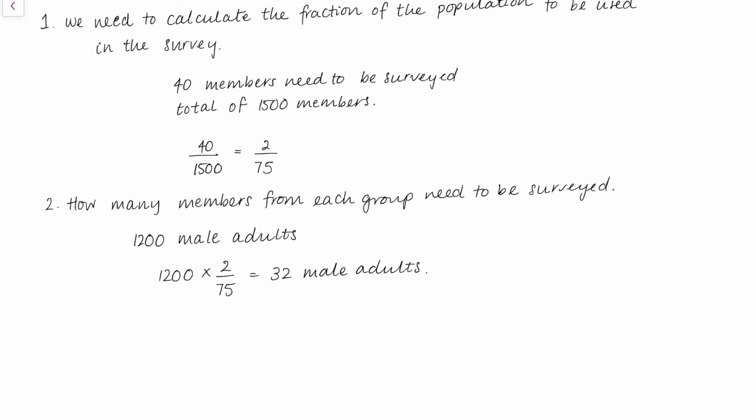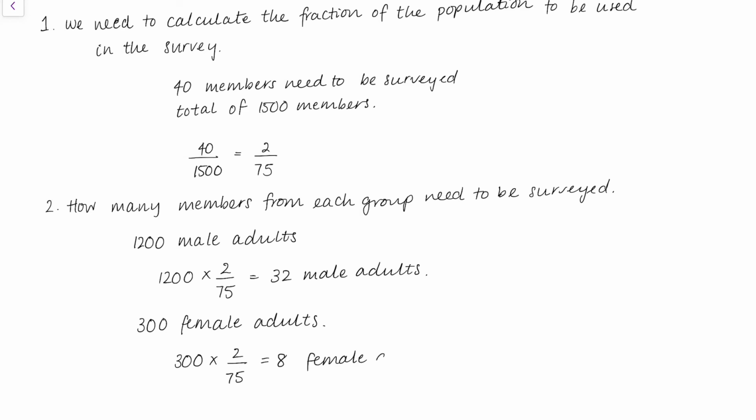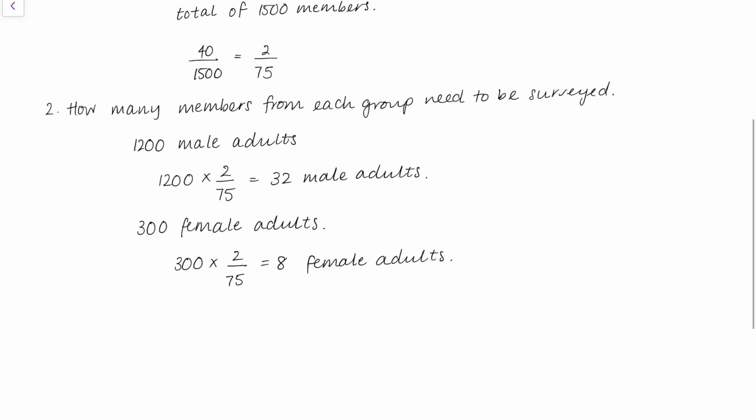So we have 300 females. Again, multiplying the 300 by the fraction 2 divided by 75 will give us 8 female adults. Now to make sure you're correct, definitely have a go at adding up all your samples to make sure that it equals the total that you're after.